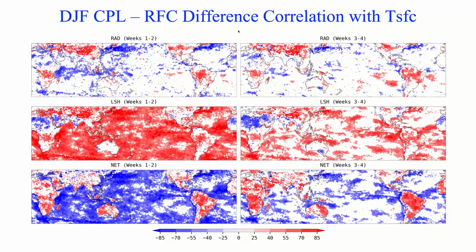So this must imply some vertical heat transport from the deep ocean, which for now we do not have the data to analyze. But I think in the future we need to keep that in mind to understand what is going on. So definitely this is one signal we are seeing. Next, please.